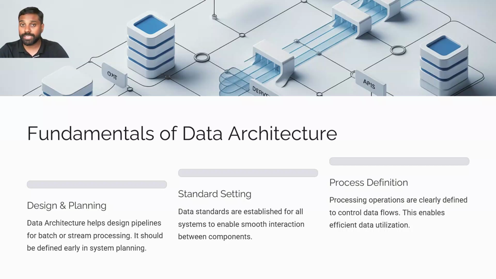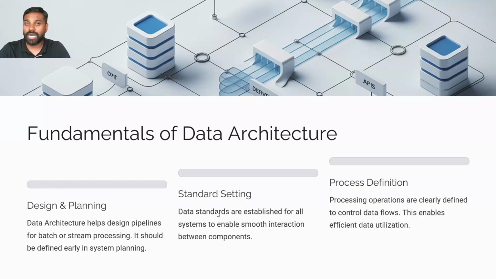Every tool, organization, or technology will have certain predefined standards, and we ensure that the entire data pipeline architecture that we're designing is maintained by following those standards, and this has to be defined properly, right? So processing these entire operations has to be properly defined.